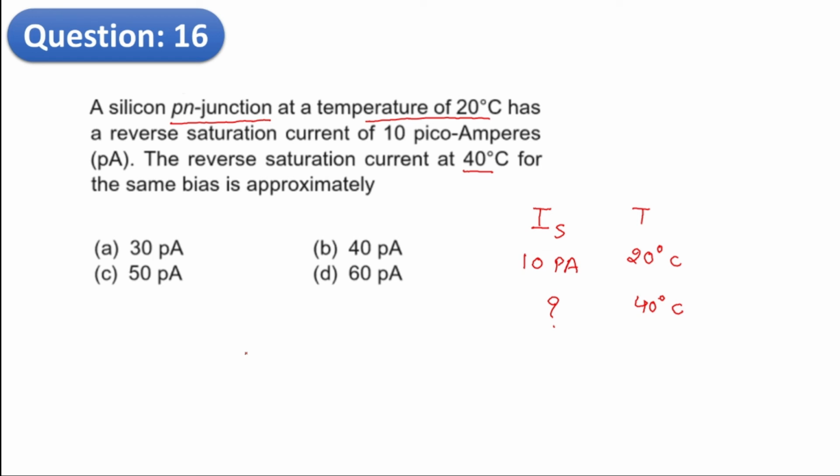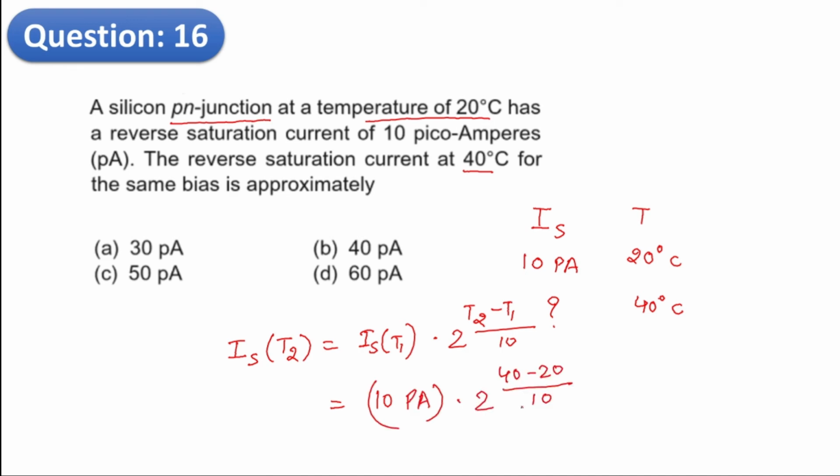IS at T1 is given, which is 10 picoampere, into 2 to the power (40 minus 20) divided by 10, that is 20 divided by 10. So it will be 4 into 10 picoampere, that is 40 picoampere. That is option number B, which is the right answer.